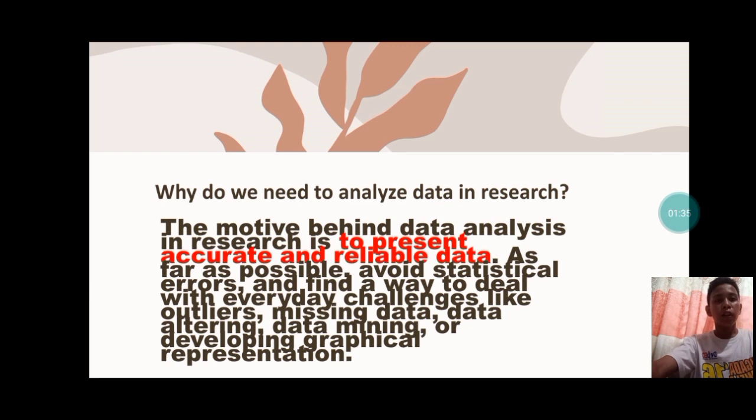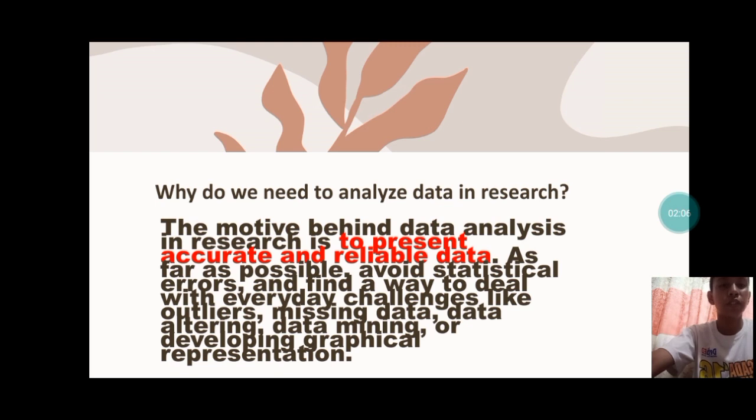Nganong dapat jud nato analyze atong research, para dili ta magkasayop-sayop. Dapat jud nato i-analyze ang atong data, sama sa missing data, data altering ug data mining.